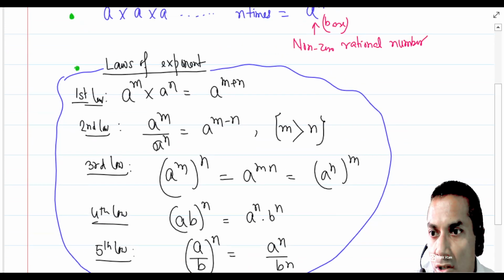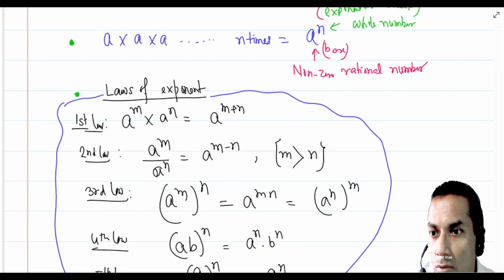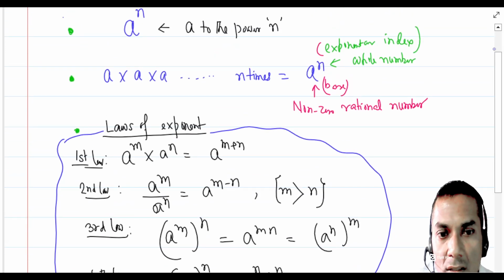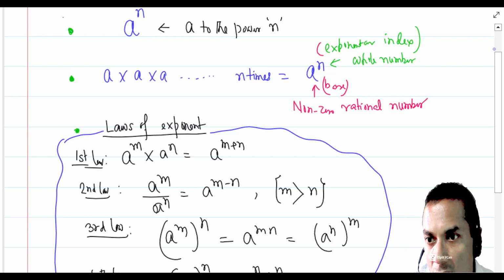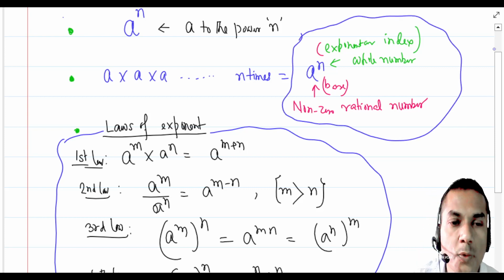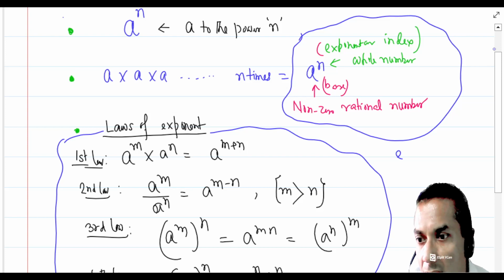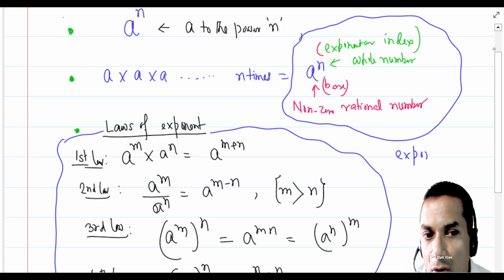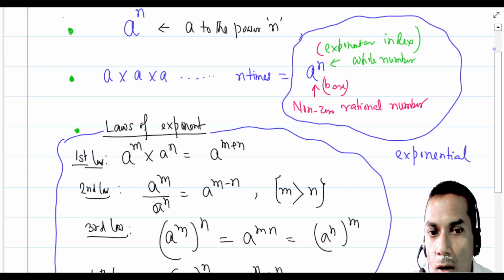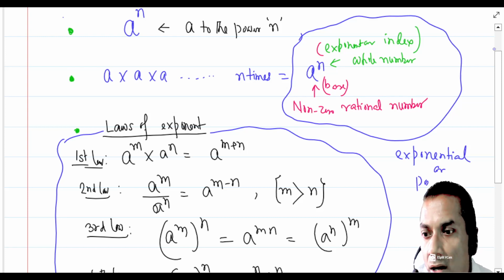So this notation you must remember: a to the power n, the exponent notation, or the power notation. This entire thing is exponential or power notation.